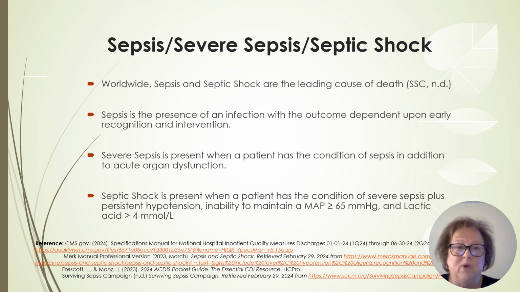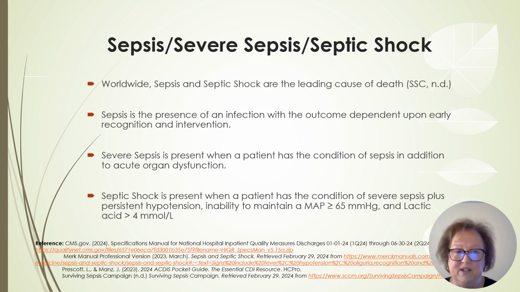So worldwide, sepsis and septic shock are the leading cause of death. And as you all know, you're well aware of it, you're practicing it. Sepsis is the presence of an infection with the outcome dependent upon early recognition and intervention. That's when we get the best outcomes. Severe sepsis is present when a patient has a condition of sepsis in addition to acute organ dysfunction.